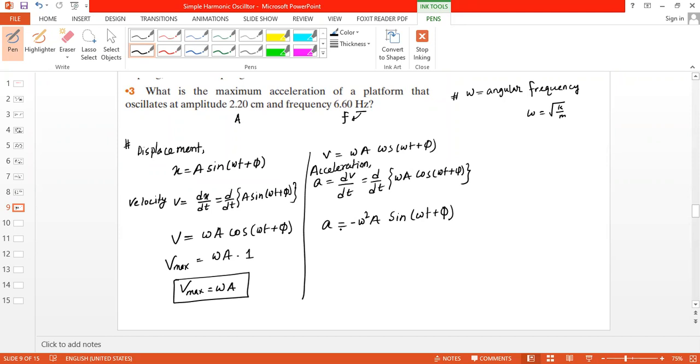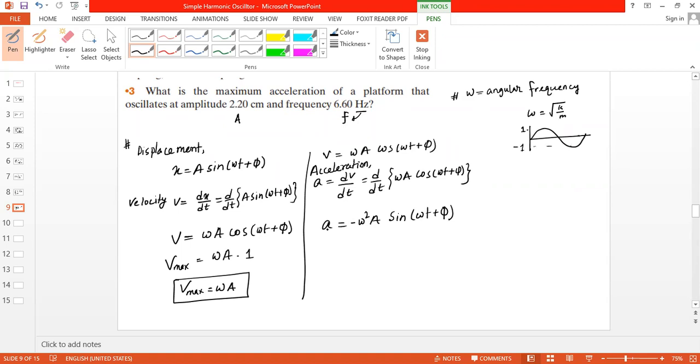In this expression for acceleration, you can see omega is a constant, a is a constant. You have a sine function over here, so acceleration will vary with the sine function. When the value of the sine function is minimum, the acceleration will be maximum, since a minus is involved here. The sine function varies this way, and its maximum value is +1 and minimum value is -1.